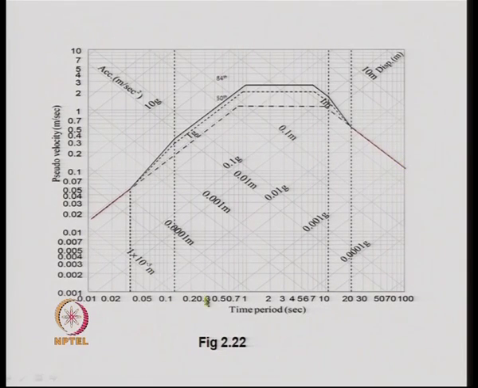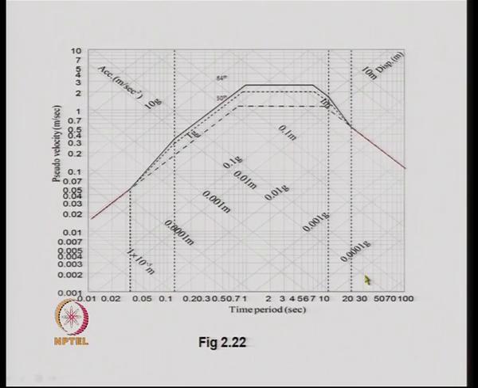And the TA, TB, TC, TD values were specified. Therefore, once we have the TA, TB, TC, TD values specified and alpha A, alpha V and alpha D values are given, then one can construct a design spectrum.